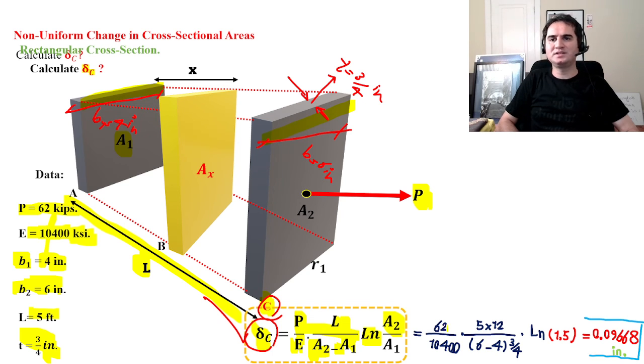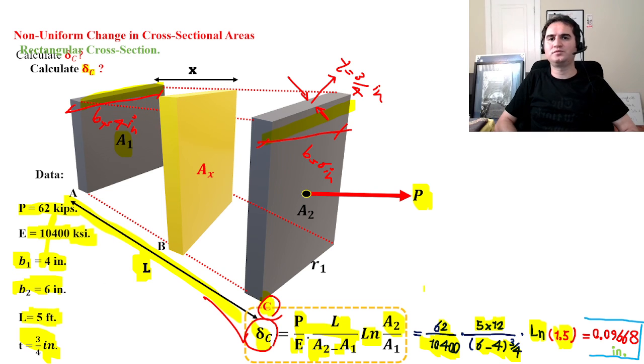So that's 62 over 10,400 times 5 times 12, that's the conversion of 5 feet to inches, and then over (A2 minus A1), that's 6 minus 4 times 3/4 of an inch, times ln of A2 over A1, which is just 6 over 4, the ratio of b2 to b1, because the thickness just cancels out.